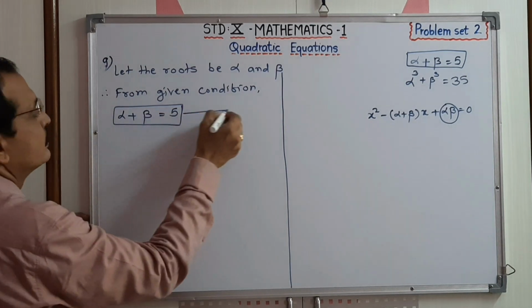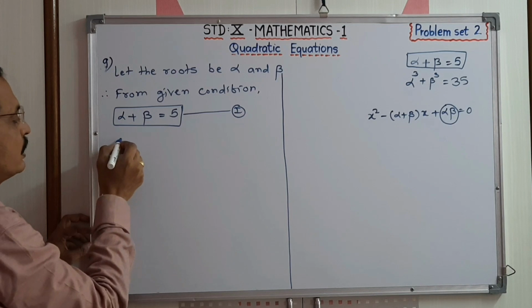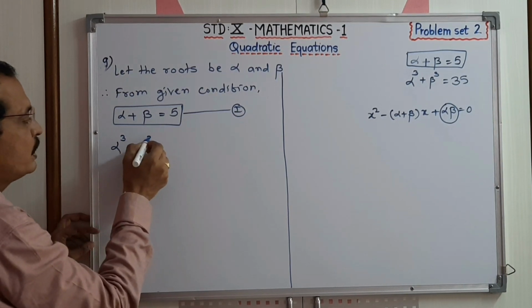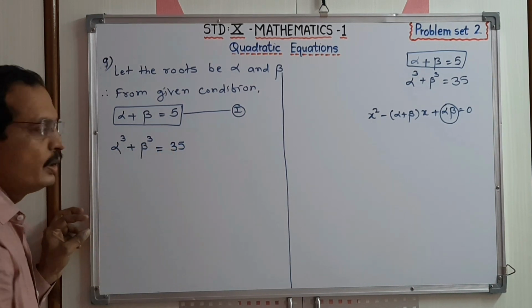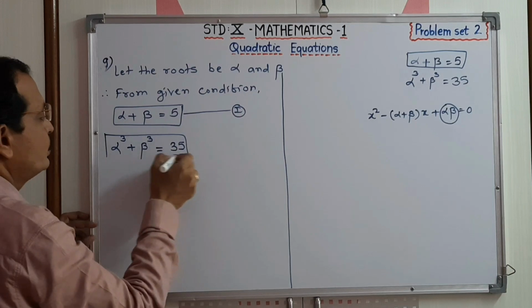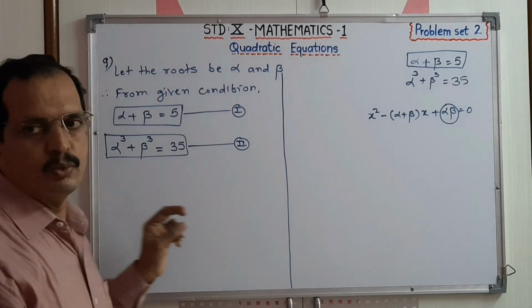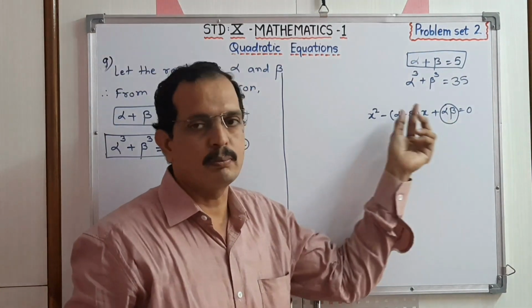This is the first statement, and from the other information we can write alpha cube plus beta cube is equal to 35. Now we have to use this information and form the equation. For that purpose we must find alpha into beta.